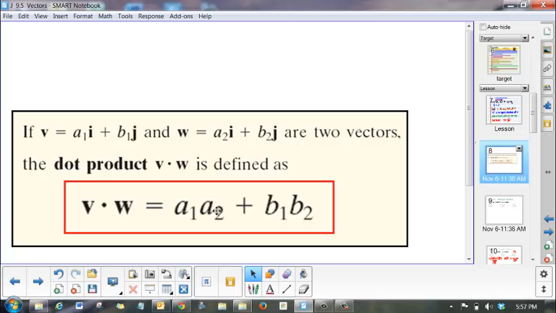If you multiply the i components, so we've got a sub 1 and a sub 2, and then multiply the j components, b sub 1 and b sub 2, and add them together, that becomes what's called the dot product. That's not multiplication, it's called dot. v dot w when we're dealing with vectors.